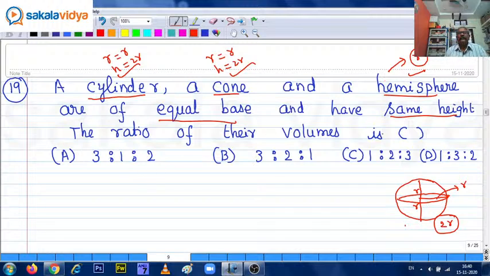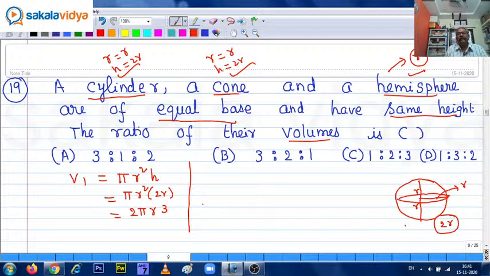So what we need to find out? The ratio of their volumes. So V1 equals the volume of a cylinder. Volume of a cylinder is pi r square h. So pi r square into h, which is 2r, is 2 pi r cube. This is V1.